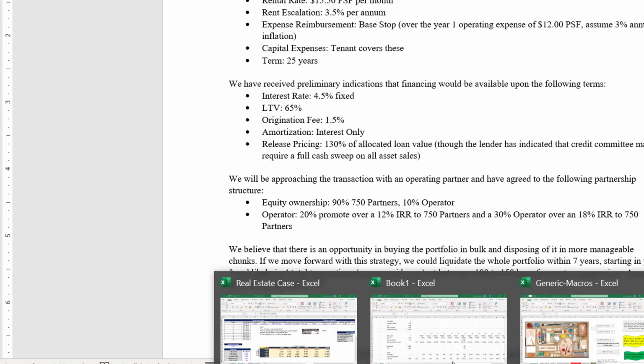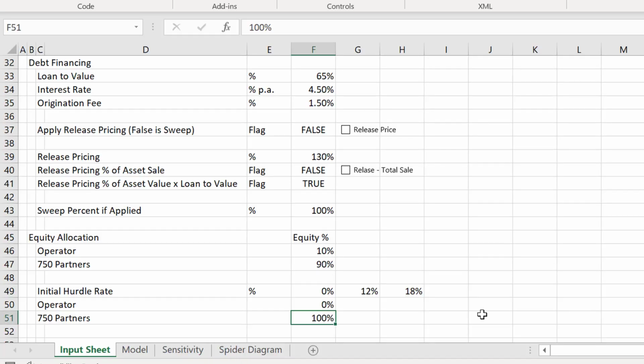So you can see, a good example for this would be, what was this, 12%? No, this was 20%, and this was 30%. And then this is equal to 1 minus that. That's going to be a tricky thing to model.